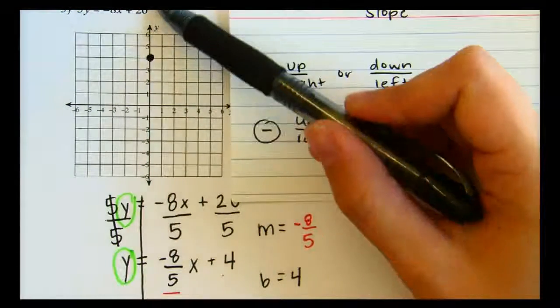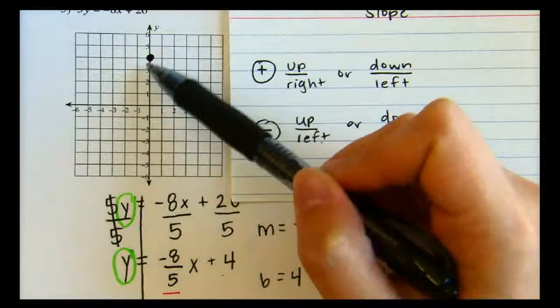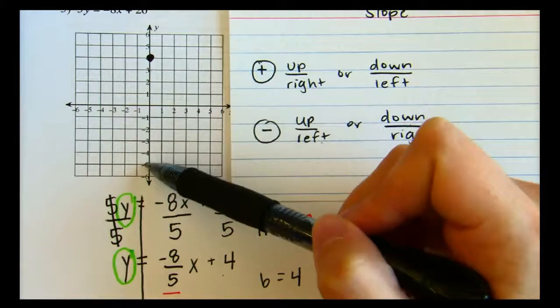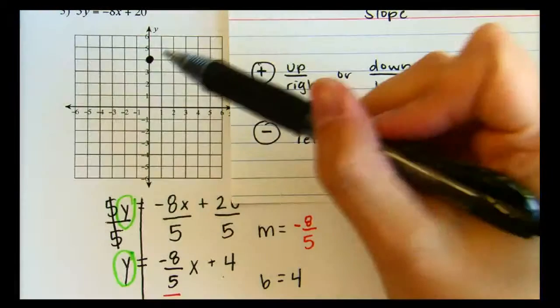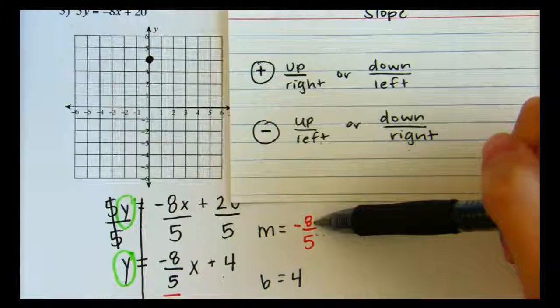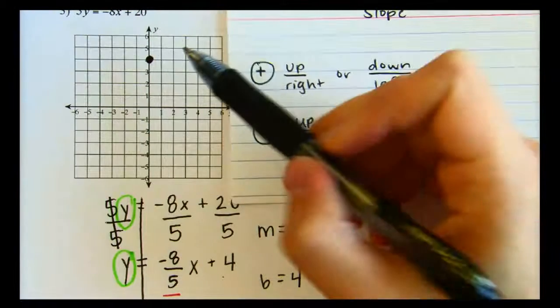Can I go up 8 and left 5 and still end up on my coordinate plane? Or do I need to go down 8 and right 5? Which makes more sense to do? Perfect. So I should be going down 8 and right 5 so that I stay on my coordinate plane.